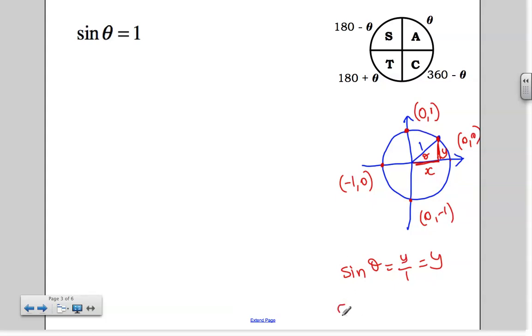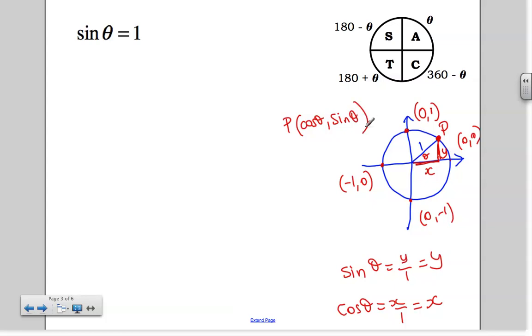And same for cos: adjacent over hypotenuse is x over 1, which is just x. So our new definition of cos is the x coordinate of this point, often called P. So any point on the unit circle has the coordinates x, y, or we could say cos theta, sine theta.